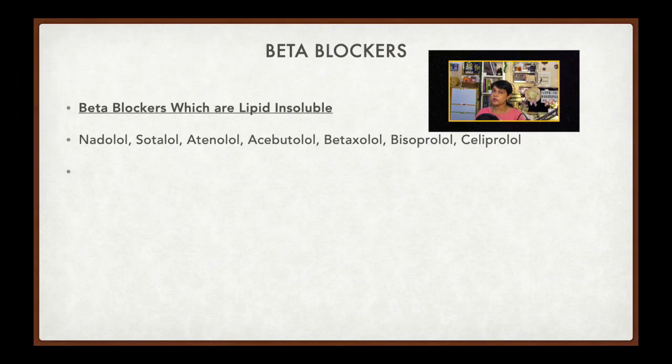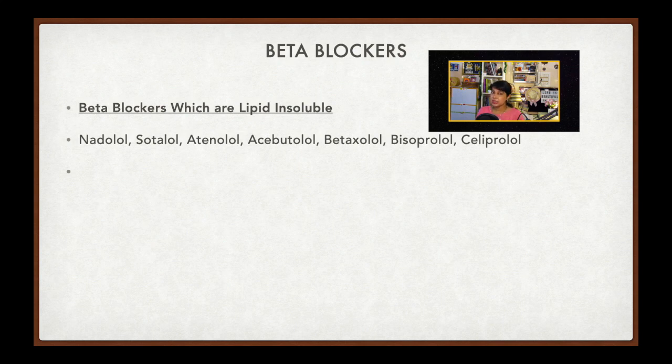Now we have another group of drugs, the beta blockers which are lipid insoluble. What is the characteristic of these drugs? They are excreted by the kidney and they are contraindicated in renal failure. They have a very long duration of action. The longest acting beta blocker is nadolol. Other drugs in this group are sotalol, atenolol, acebutolol, betaxolol, bisoprolol, celiprolol.